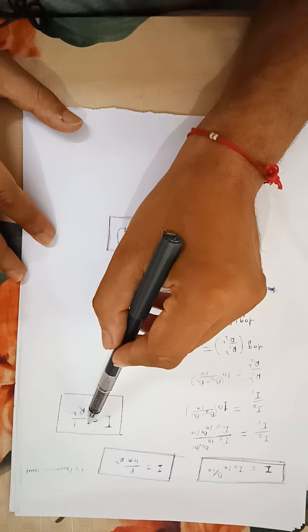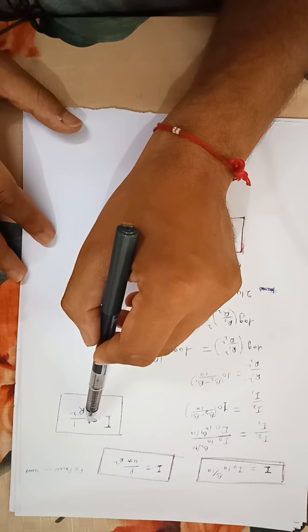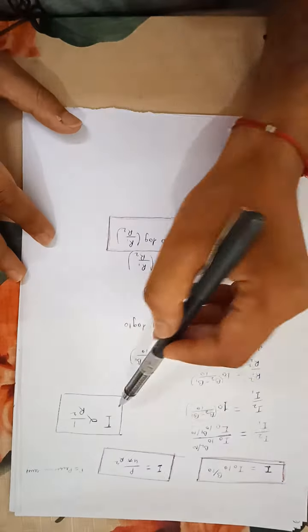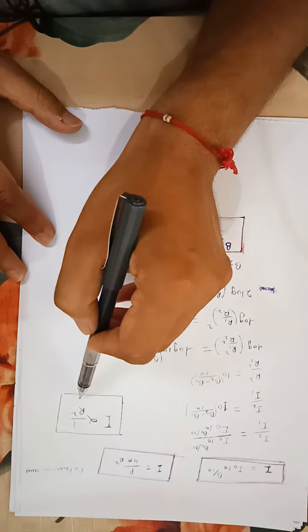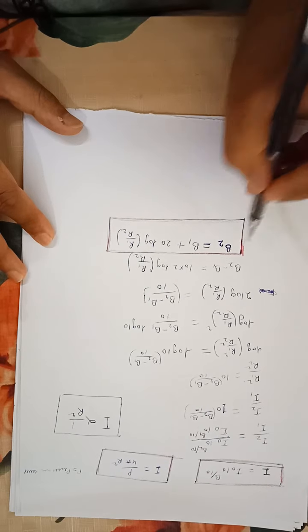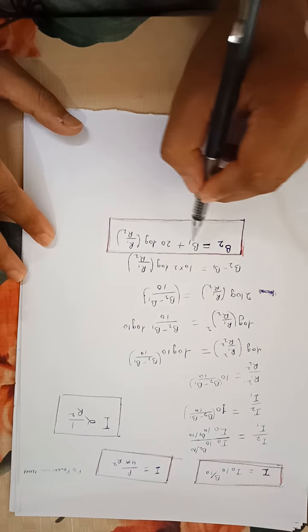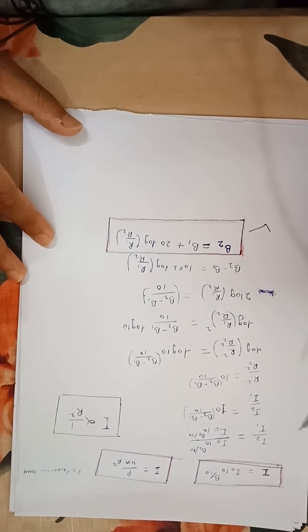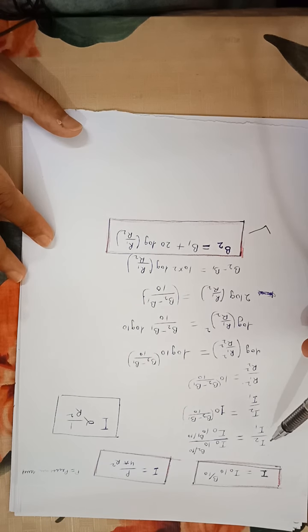So this is also an important formula. Sometimes we can use I proportional to 1 by r square. So in place of I we use 1 by r square in the formula, and then we get the formula B2 is equal to B1 plus 20 log R1 by R2. This is also an important formula, and we have discussed it earlier.